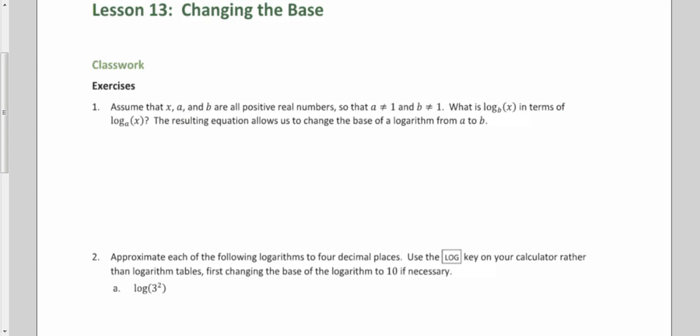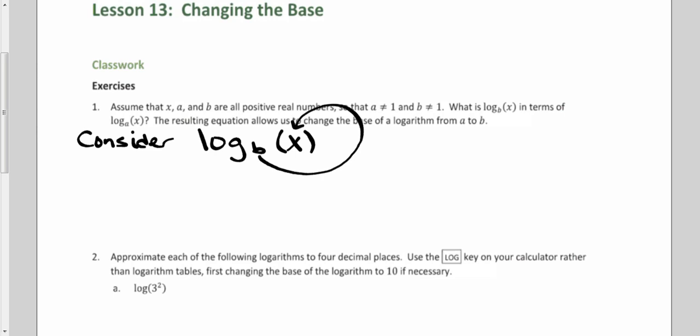All right? So first thing I want to do is consider log base B of X. And I want to substitute a quantity in for X in log base B of X. In order to figure out what, I am going to use the log rule: B to what power equals X. So if I want X to equal something with B as its base, I'm just going to assign another variable because I don't know what X is, and I don't know what B is, so I need another variable.